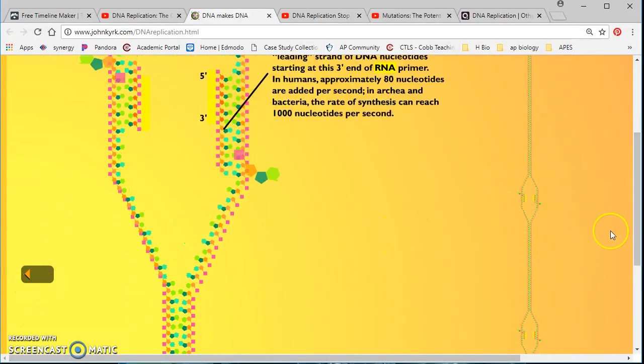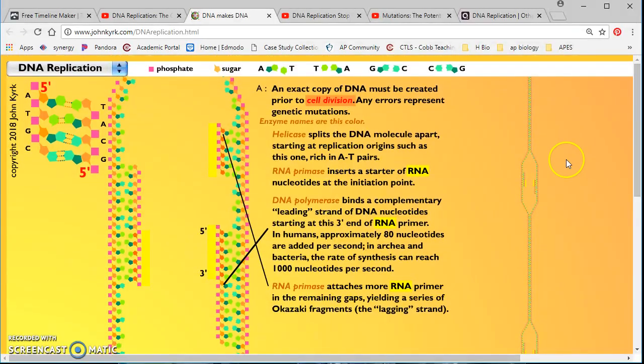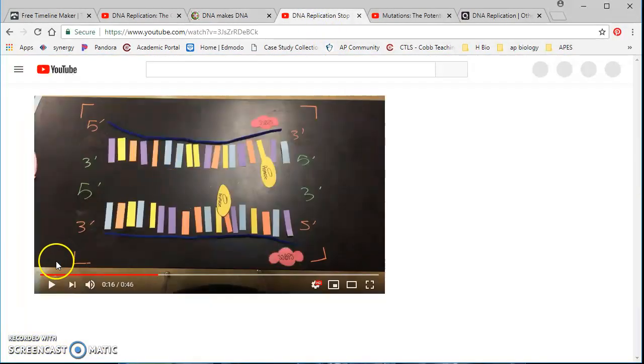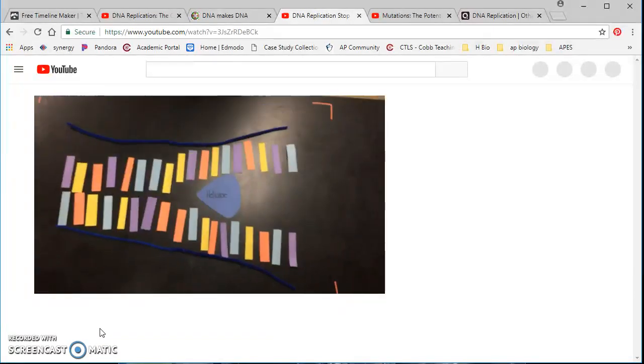They then use this for their summative assessment at this point in the unit, where they had to create a stop-motion video in groups of three or four students showing the steps of DNA replication. I showed them this video as an example of what a stop-motion video should look like.